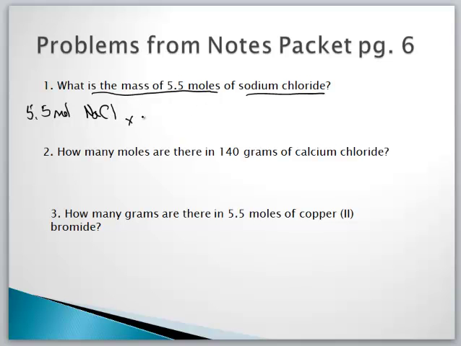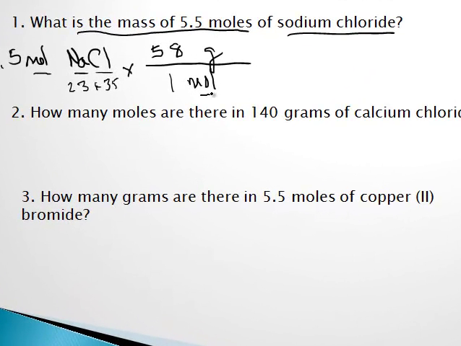So the way we do this is we use the molar mass from the periodic table. So if we were to add up our molar mass of sodium chloride, looking on the periodic table, it would be 23 plus 35, which gives us 58, and remember the units are grams per mole. So when you add up the molar mass of sodium chloride, you get 58 grams per mole, and since we're starting with moles, we want moles in the denominator, so we're going to write it as 58 grams per mole.